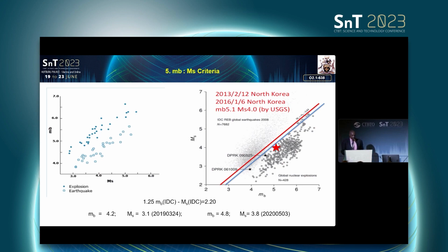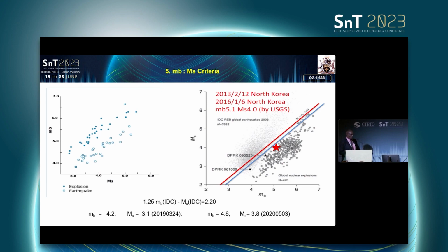The other criteria we use is the MBMS criteria. I present some diagrams which exist in literature from the IDC, and the right one shows the distribution of events from former testing.